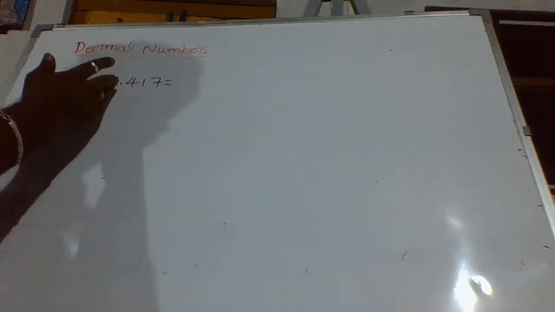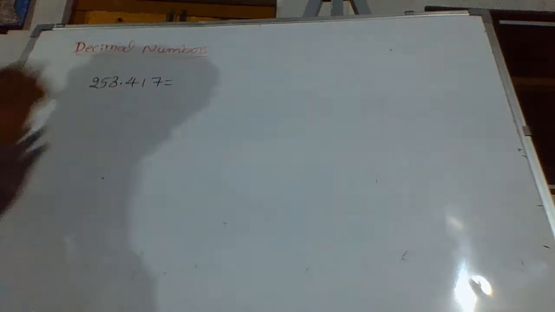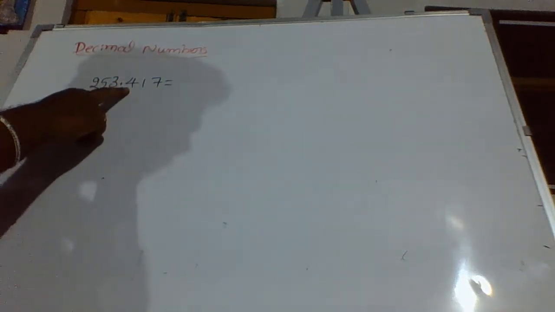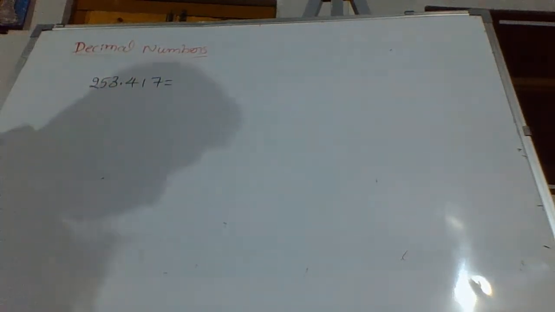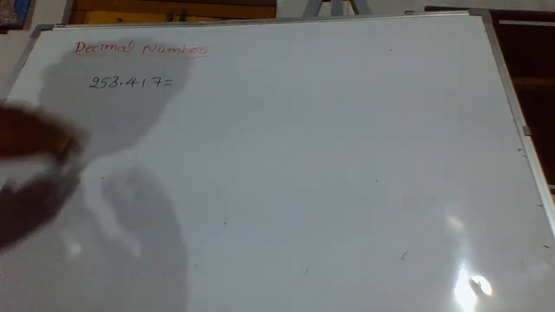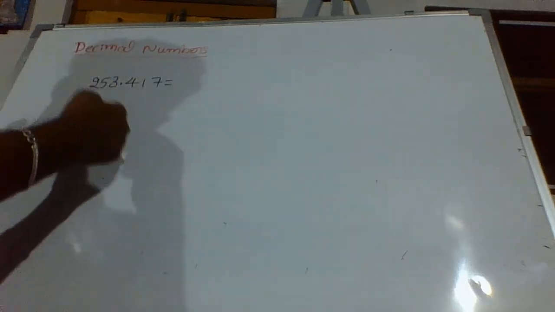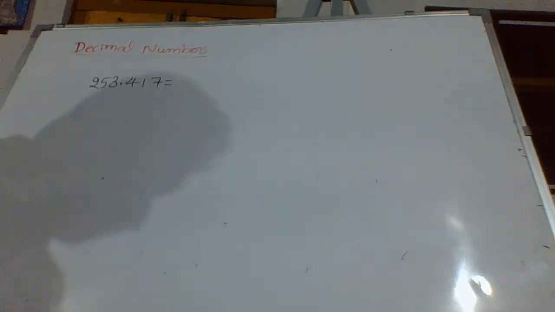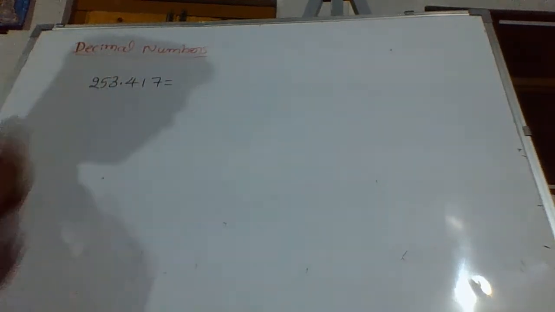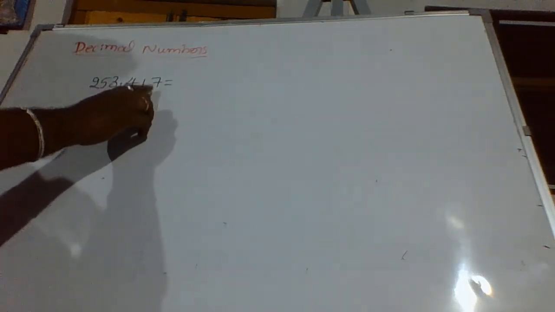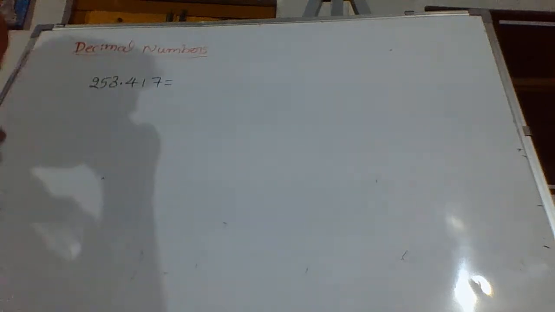And after the decimal point, what are the positions? 4 is at the tenths position. Tenths means the 1 by 10 position. Next, 1 is at the hundredths position, meaning the 1 by 100 position. Next, 7 is at the thousandths position. Therefore 7 is at the 1 by 1000 position.